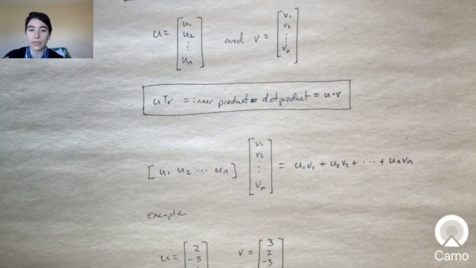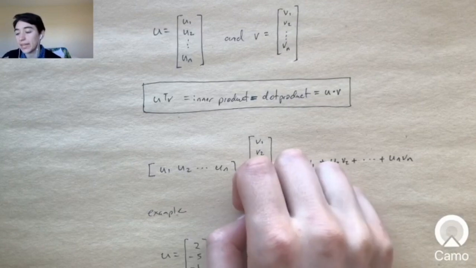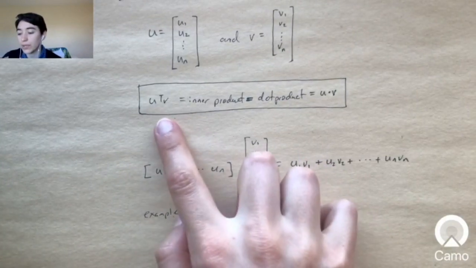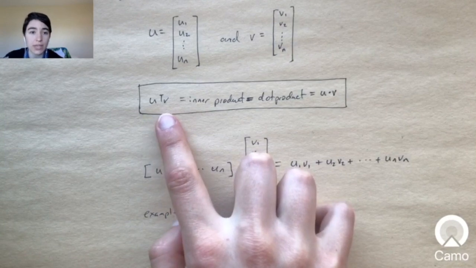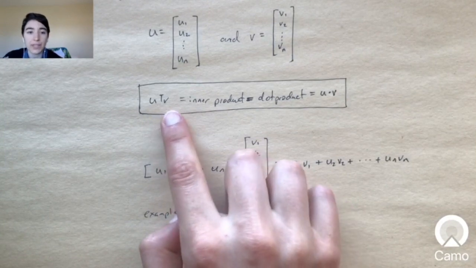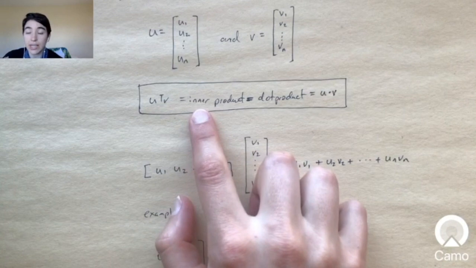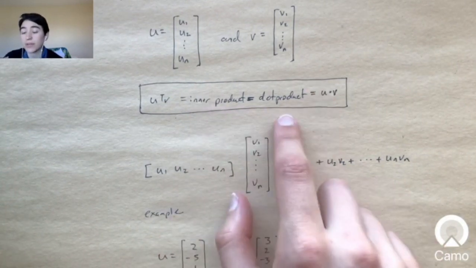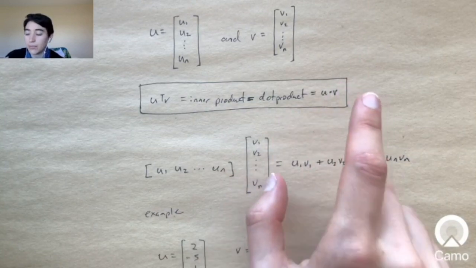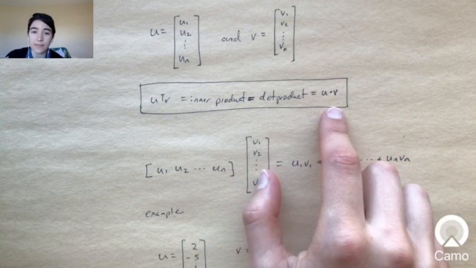We are going to multiply them together, and how we're going to write that is u transpose v, which is the same thing as saying we're going to find the inner product, which is the same thing as saying we're going to find the dot product, and we can write this as u dot v.